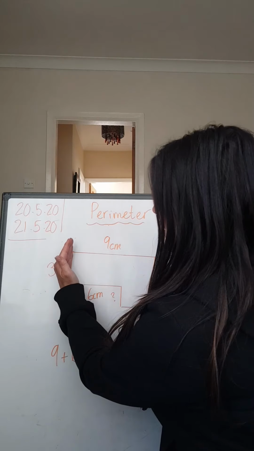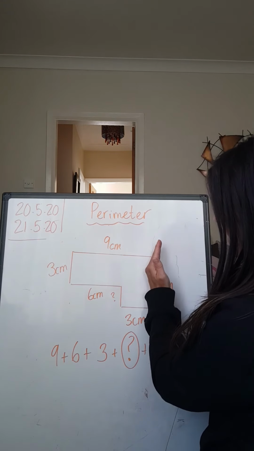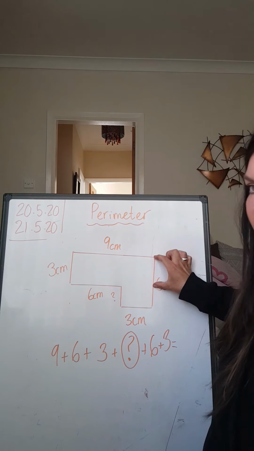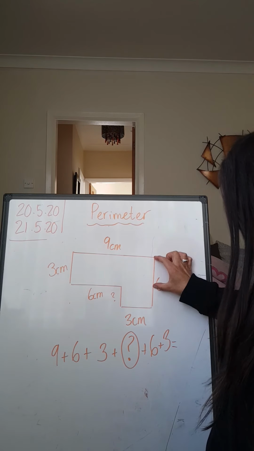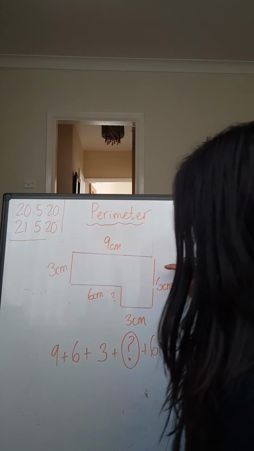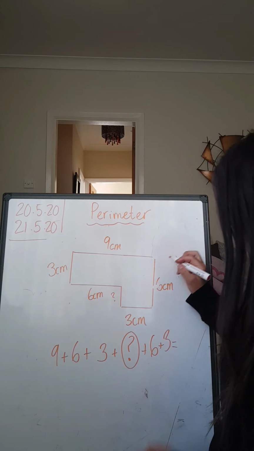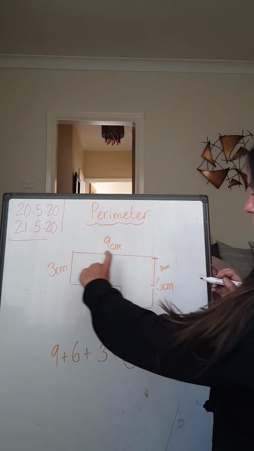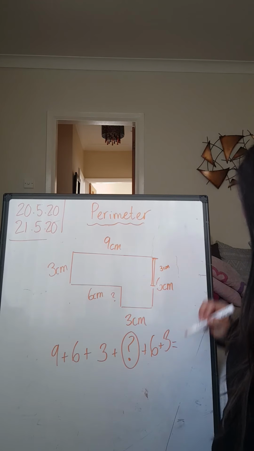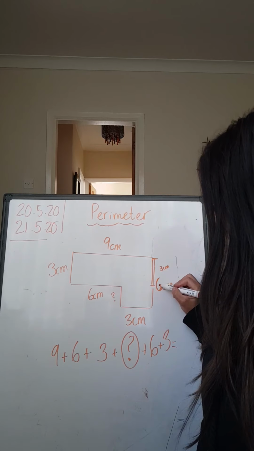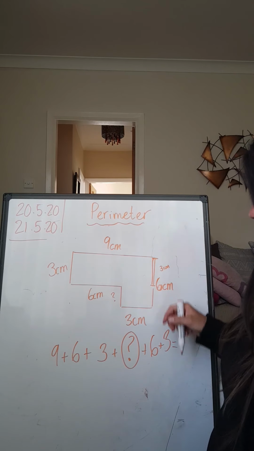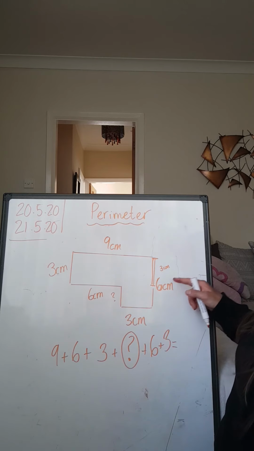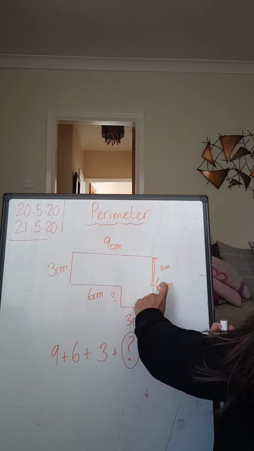So if I imagine that bit coming right into here, I know that this bit here is 3 centimeters. So from here to here, if I travelled across, I would know that bit is 3 centimeters. Now I know the whole thing is 6 centimeters, so I need to work out what this little bit here is. What's left over between 6 centimeters and 3 centimeters.